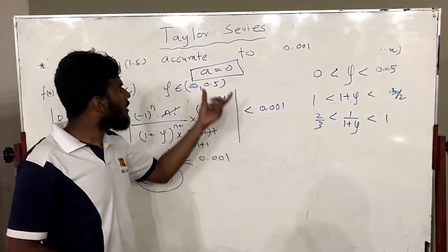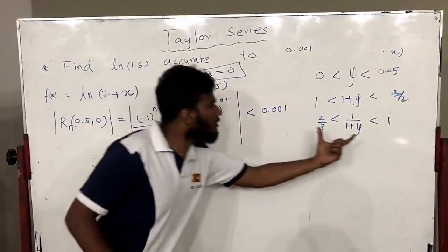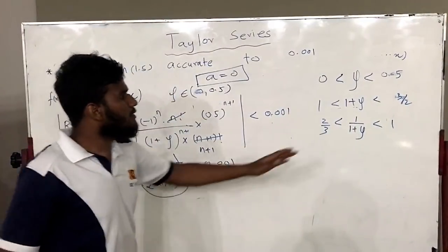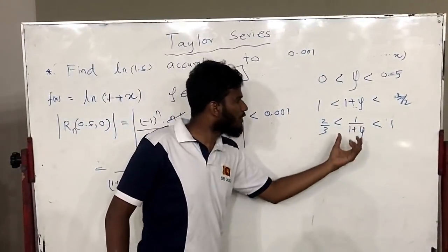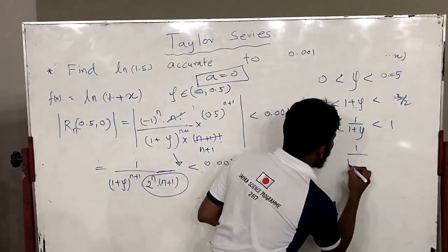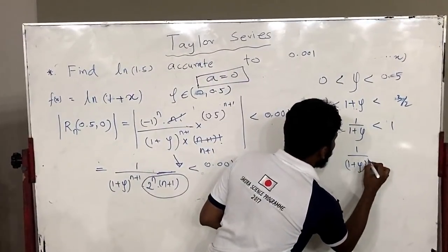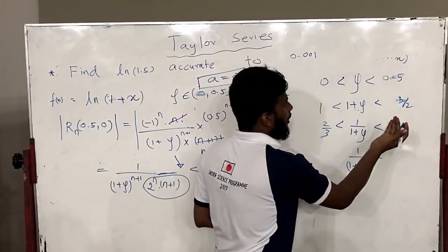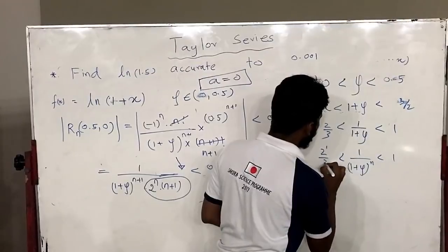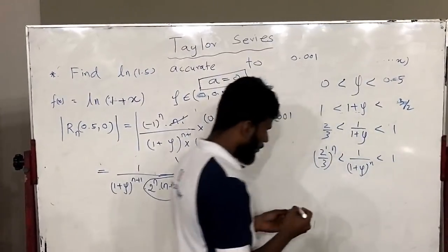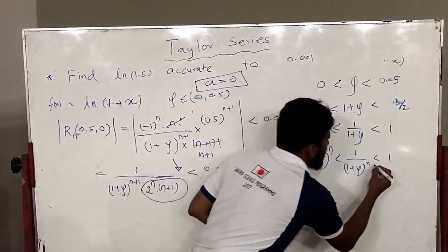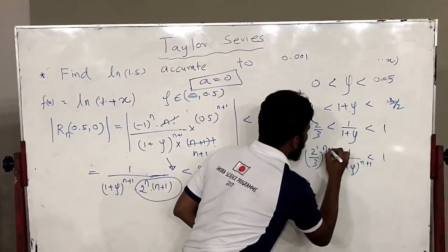For any zeta in this range, 1 over 1 plus zeta is between 1 and 2 by 3. Since these are positive values, we can raise them to the power n. So this should be less than 1 to the power n, that is 1, and greater than 2 over 3 to the power n. Okay, now we are almost done. We need n plus 1.